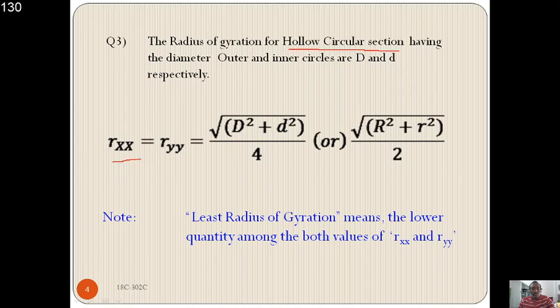In this particular hollow circular section, if this is a circle and there is an inner circle, then it is a hollow circular section. So capital D is the outside diameter, and this inner portion is the small d, right?